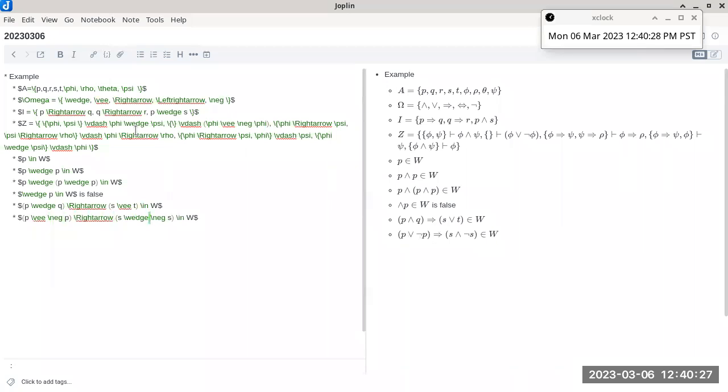It doesn't matter whether the variable P is true or false, because one of these two has to be true, and we only need one side to be true for the disjunction to be true. On the right-hand side, we don't know whether S itself is true or not, but one of these two sides has to be false, and we only need one side to be false for the conjunction to be false. So we have true implies false, guaranteed, which means the implication is guaranteed to be false.